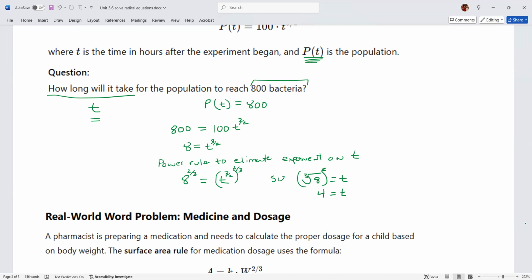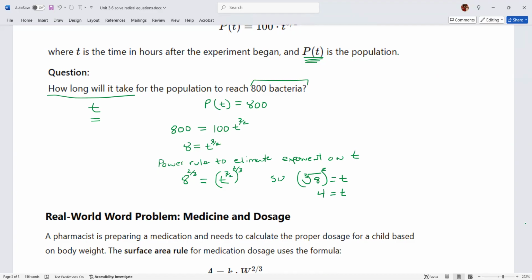So that would eliminate everything here and leave me a t, because it'd be t to the first. So if I multiply the right side by the reciprocal exponent, I'm going to have to do the left side by the reciprocal. So this isolates the t right here on the right side.